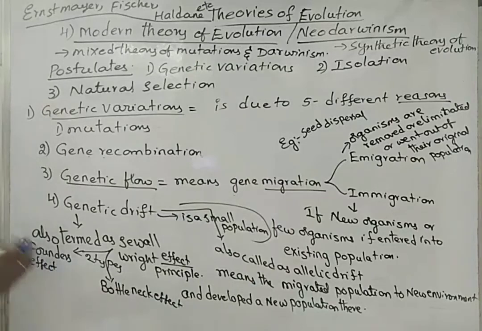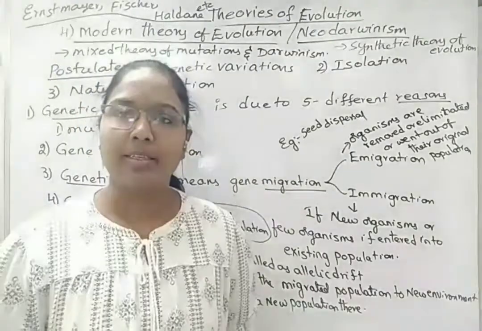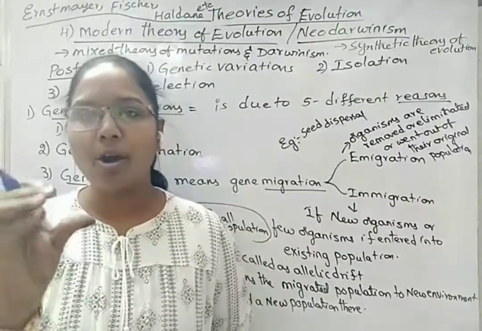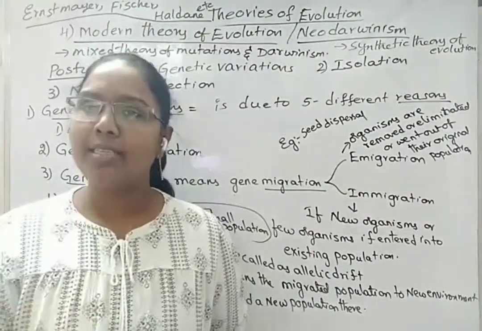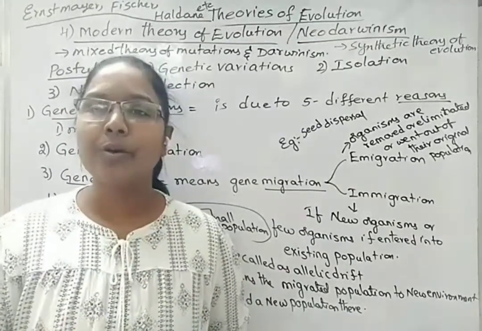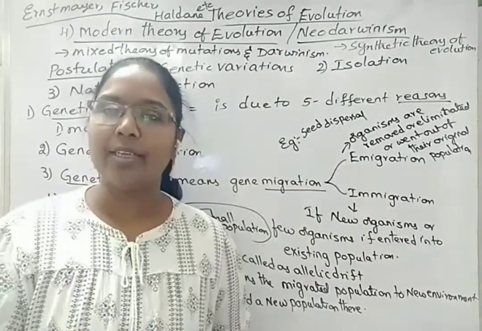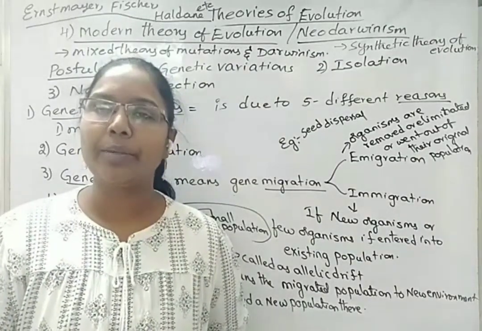What is the difference between them? If genetic drift has transferred all its characters as they are to the offspring, then such a condition is called founder's effect. There is no change in the gene pool after developing the population in the new habitat.